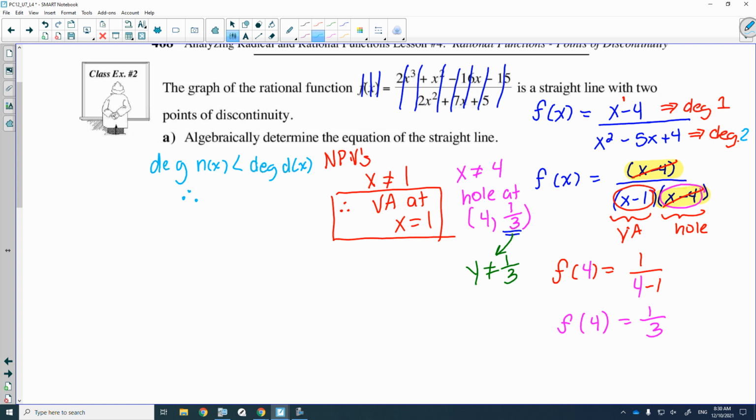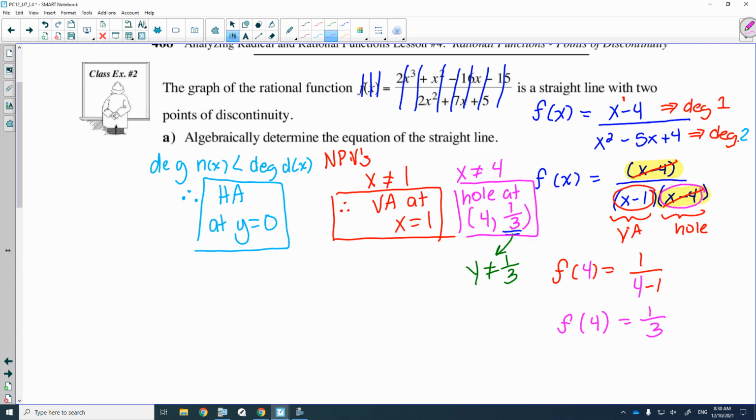Do you remember what it would be of the 3 cases? Yeah. Therefore, there's a horizontal asymptote at y is equal to 0. So I had a vertical asymptote, I had a horizontal asymptote, I have a hole.